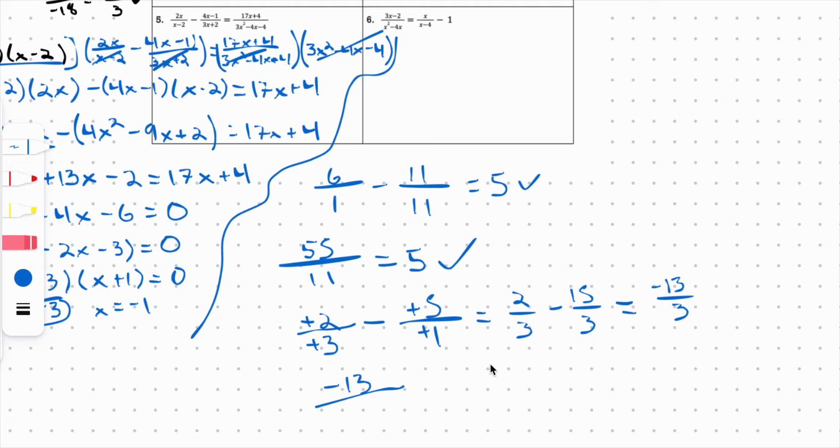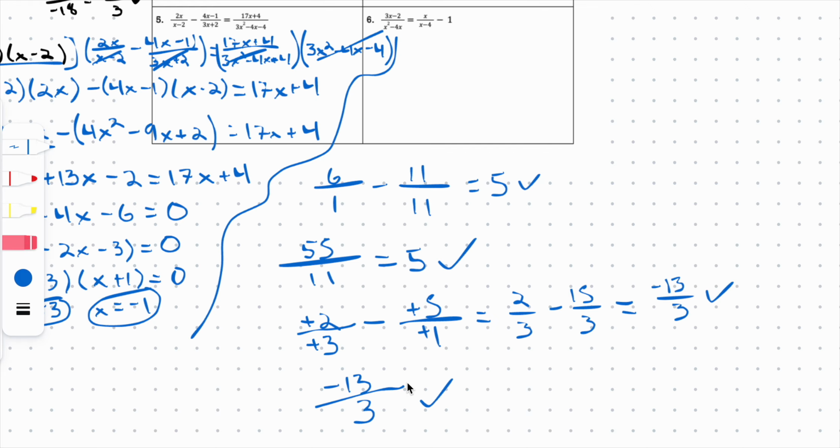And then 3 minus 4 times -1, which is -4. So 3 minus -4 is going to be 3 plus 4, which is 7. And 7 minus 4 is equal to 3. So we get -13 over 3. Those two are equal, so we know -1 is good.